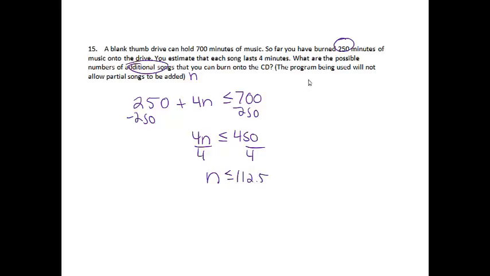But keep in mind the program used will not allow partial songs, so we need it to be less than 112. So we can burn anywhere from 0 up to 112 songs onto that.